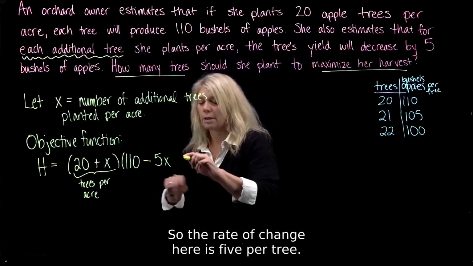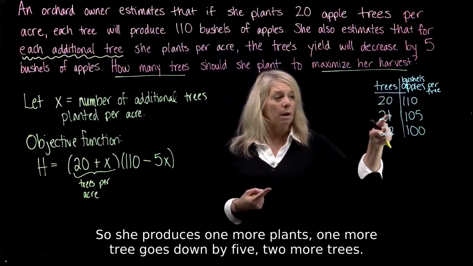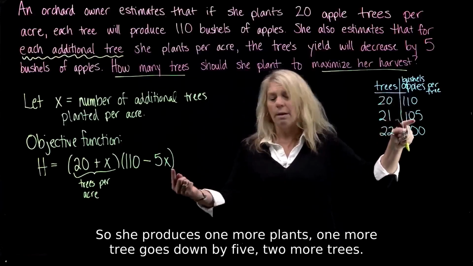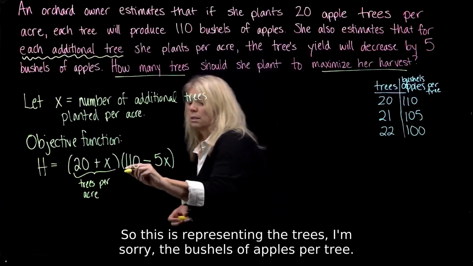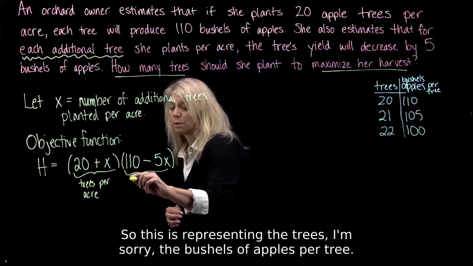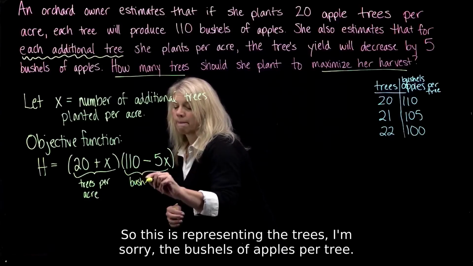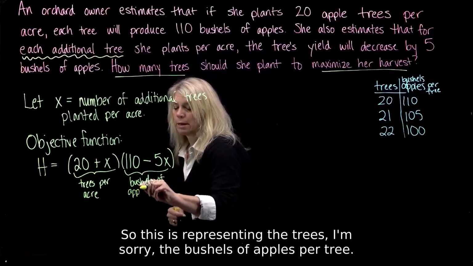So the rate of change here is 5 per tree. So if she plants one more tree, it goes down by 5. 2 more trees, it goes down by 5 times 2. So this is representing the bushels of apples per tree.